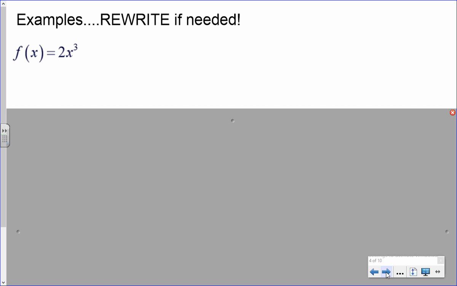So f of x is 2x cubed. Our derivative, the constant always stays, times our power, which is 3, gets moved down, and then becomes 1 less.